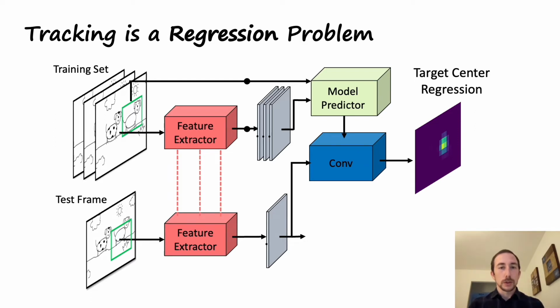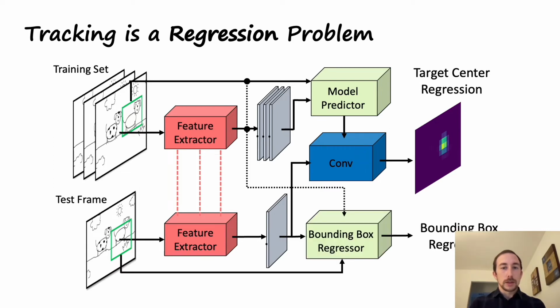So we can call this target center regression. And as I presented in ATOM, we also want to do accurate bounding box regression. So already in the DiMP tracker, we have two types of regression problems.